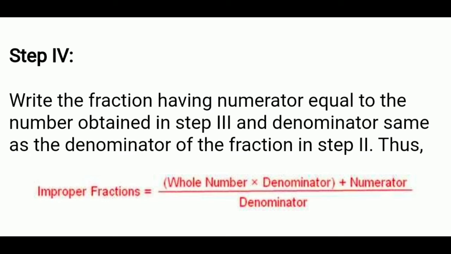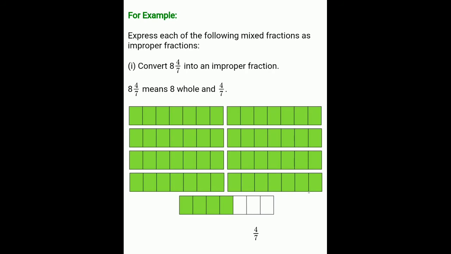Let us see some examples, then you will understand how to convert a mixed fraction into an improper fraction. Express each of the following mixed fractions as an improper fraction. Convert 8 whole 4 by 7 into an improper fraction. 8 whole 4 by 7 means 8 is the whole and 4 by 7 is the proper fraction.